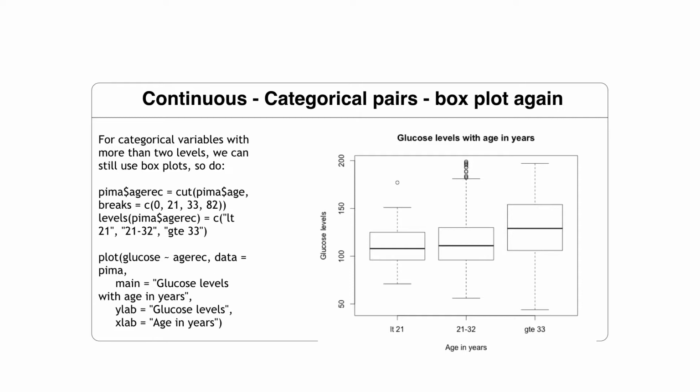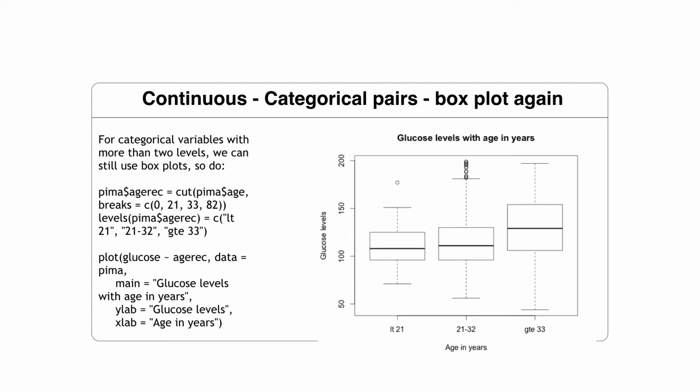Let me explain line by line what I mean by this. This is important. In the first stage, there was no categorical variable for age. Age was originally coded as a continuous variable, but for the sake of our analysis we decided to convert it into a categorical variable, and we named it agerec.